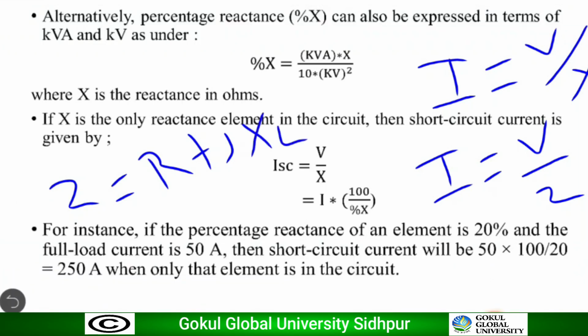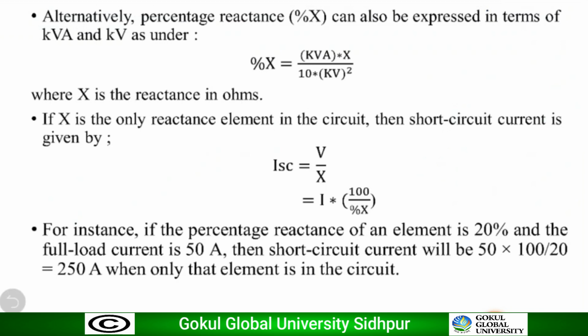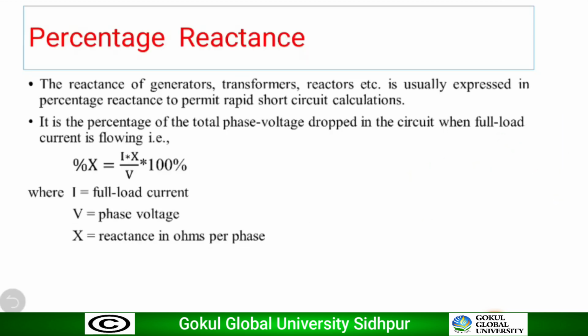X represents the reactance of a transmission line, generator, transformer, all things. So I is equal to V by X. Now put the value of X from this equation.